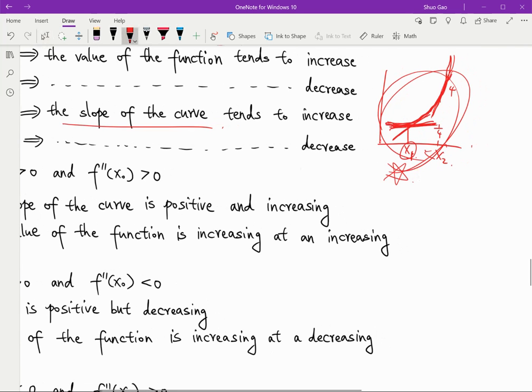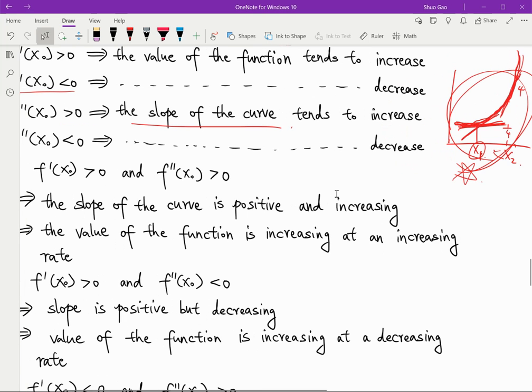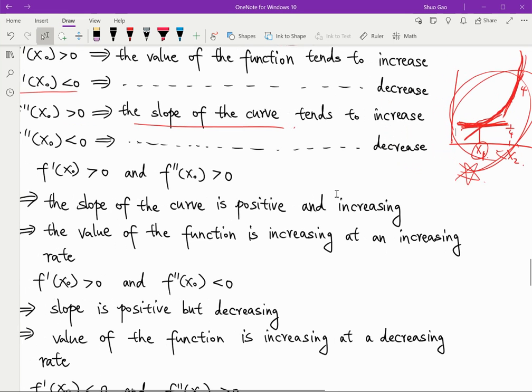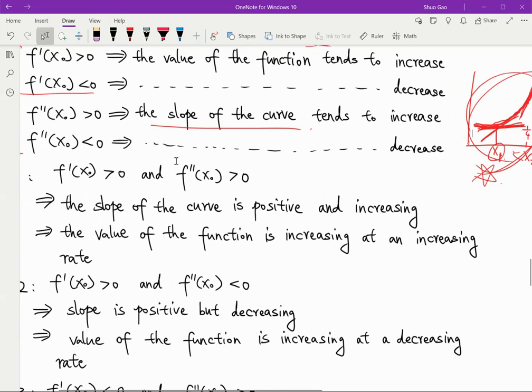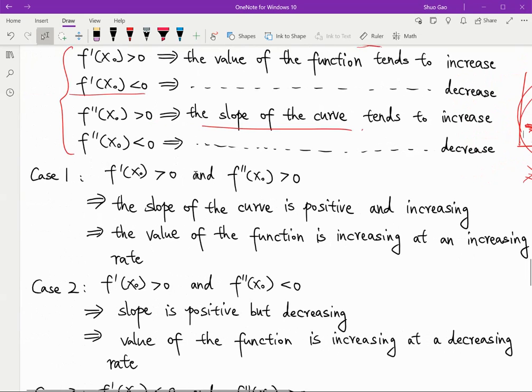The function is increasing, and it will increase more as x gets larger and larger, right? So this is the meaning of the first case, when the first and the second derivatives are both positive.